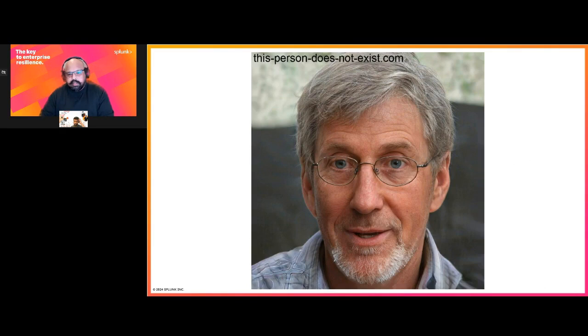So let's look at an example. This image of this person has been taken from the website called This Person Does Not Exist. And quite true to its name, the person doesn't exist. It has been generated synthetically. I would argue that this person looks very close to somebody that could actually exist.